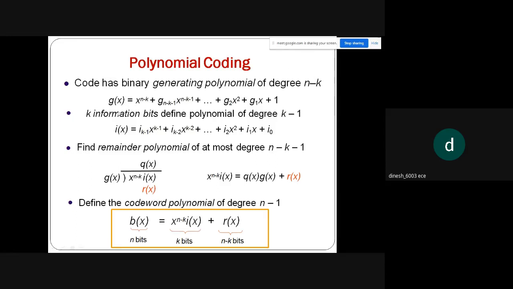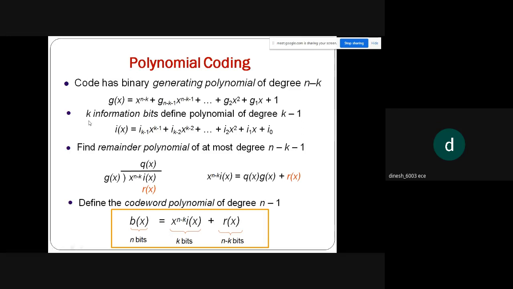The g of x will be written as g of n minus k, x power n minus k, plus g of n minus k minus 1, x power n minus k minus 1, which is this degree minus 1. Then it goes on till the polynomial gets g2 x square plus g1 x plus 1. So this is how we write a generating polynomial. We'll see this with an example, don't worry.